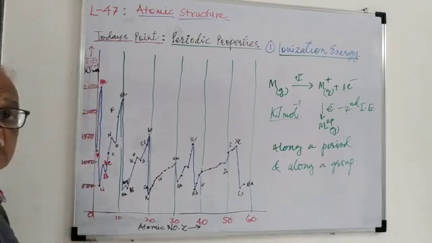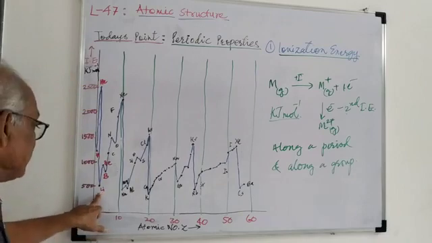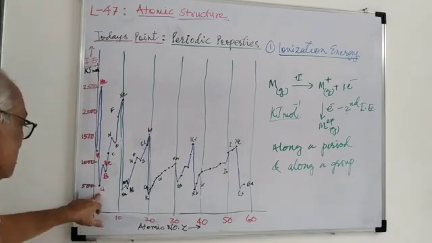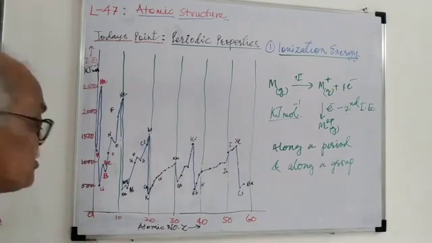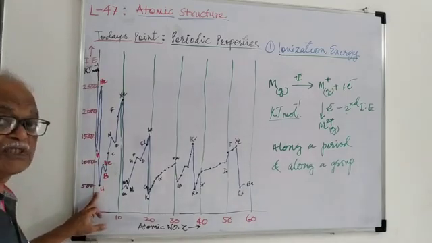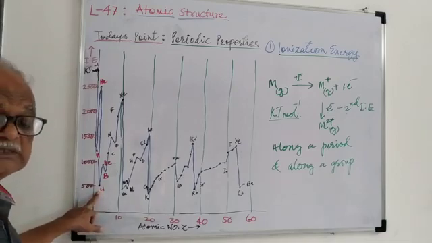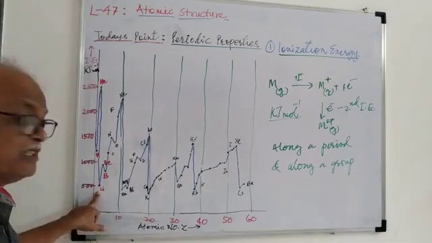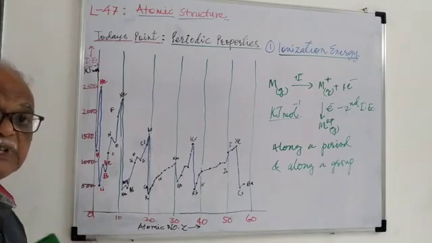Again, when lithium is taken, it has its last electron present in 2s. But comparatively to helium, the ionization energy of lithium is lower. This is because the distance between the nucleus and this 2s electron of lithium is relatively more.